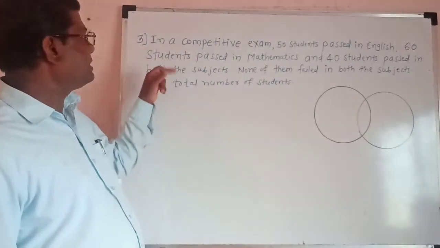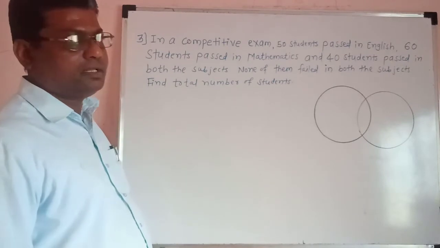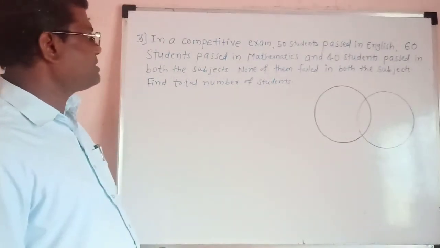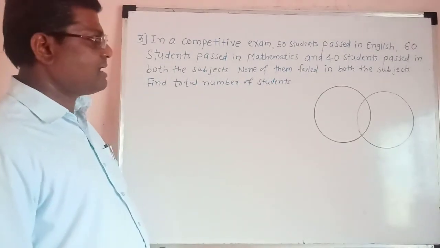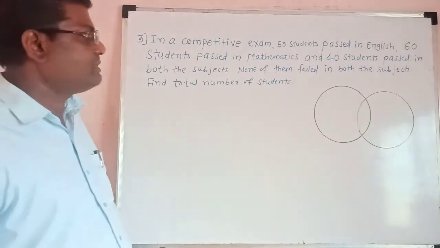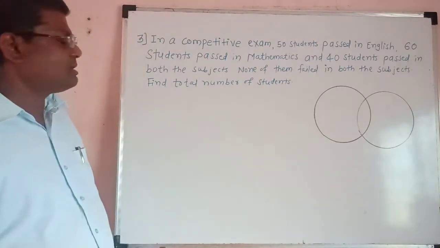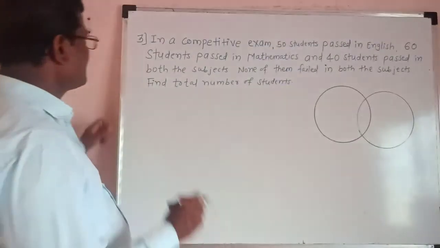Now example number 3. In a competitive exam, 50 students pass in English, 60 students pass in mathematics, and 40 students pass in both of the subjects. None of them failed in both of the subjects. Find total number of students.